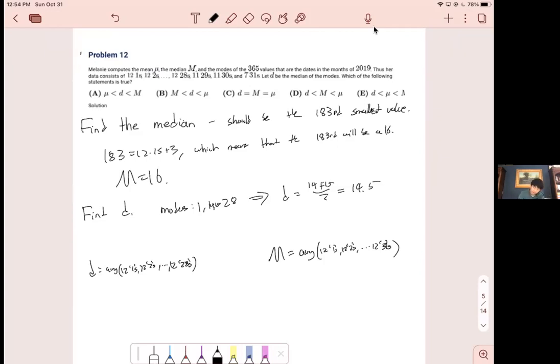And then mu is equal to the average of the actual data, 12 ones all the way up to 7 31s. Based on this, you can convince yourself that D is less than mu, which is less than M.